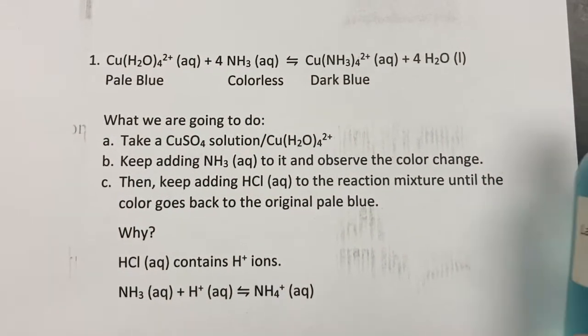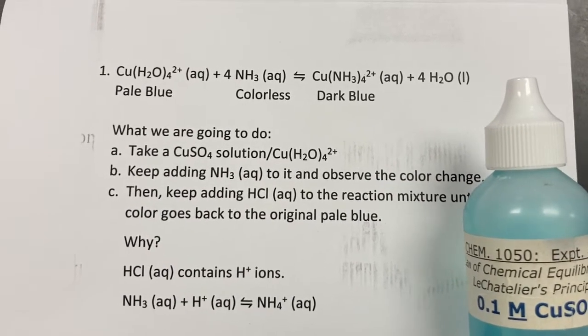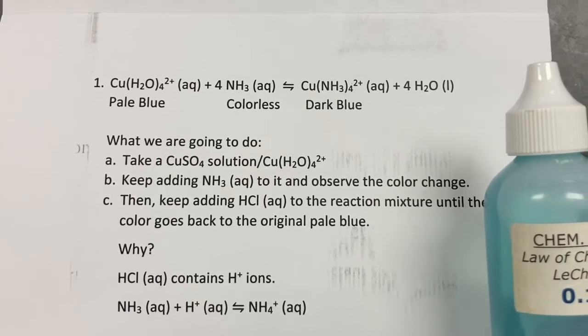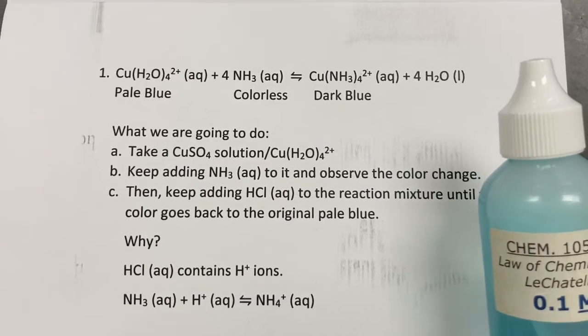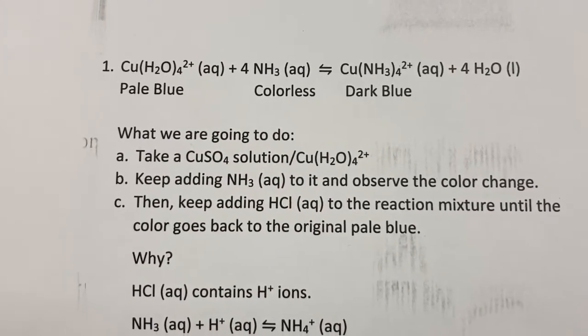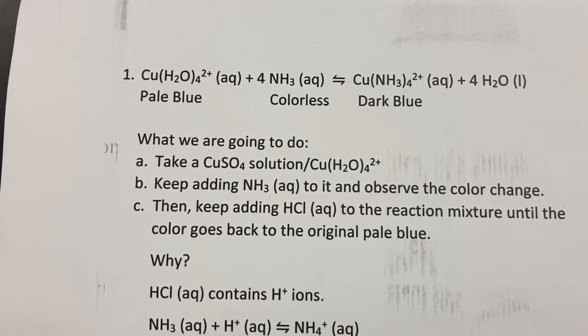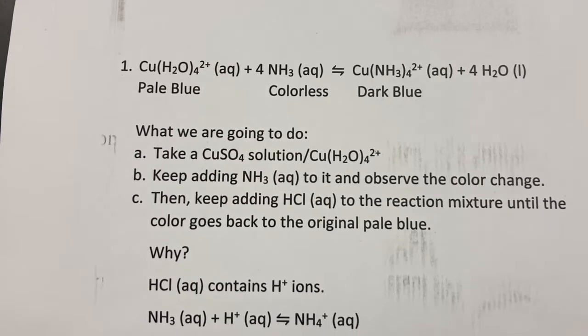This is a copper 2 ion solution, copper 2 sulfate. You can see the pale blue color. It is from the complex between copper 2 ion and the water molecules. On the right side of the equilibrium, the complex between copper 2 ion and ammonia molecules gives a dark blue color.